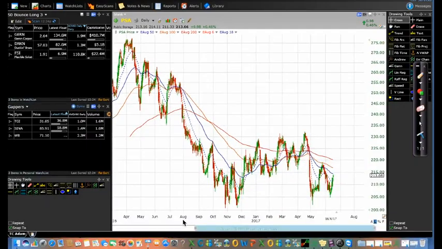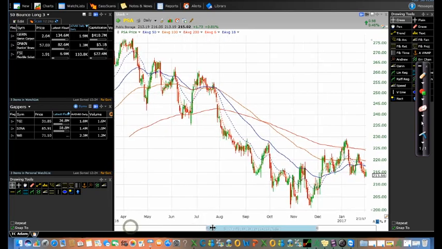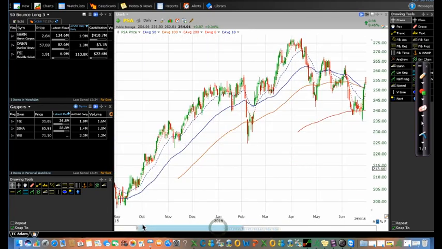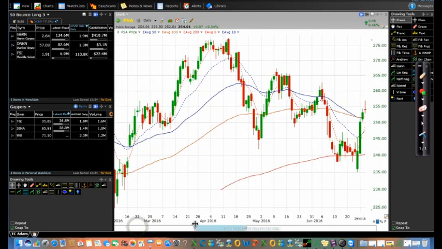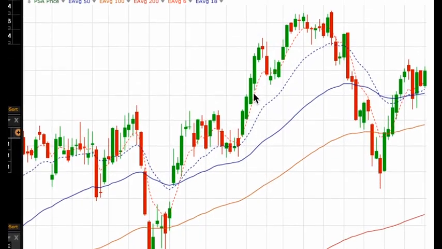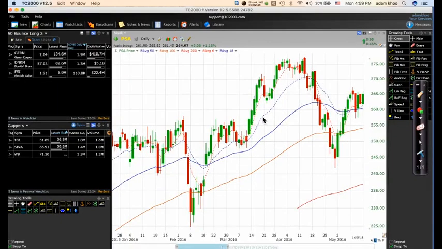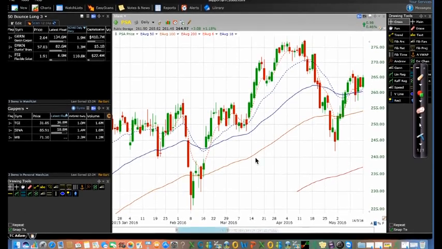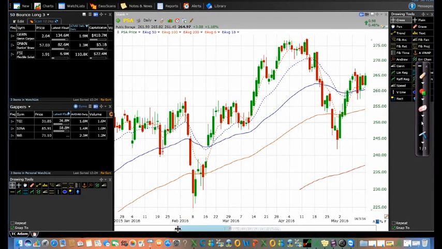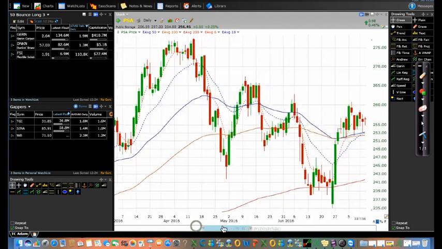Okay, so there we go. So this is my 6 and 18 EMA, which will help me to determine the bullish signal, all right? And we're going to put a 50, 100, and 200 moving average to tell us where the bigger trend is, or where the bigger trend lies, okay?